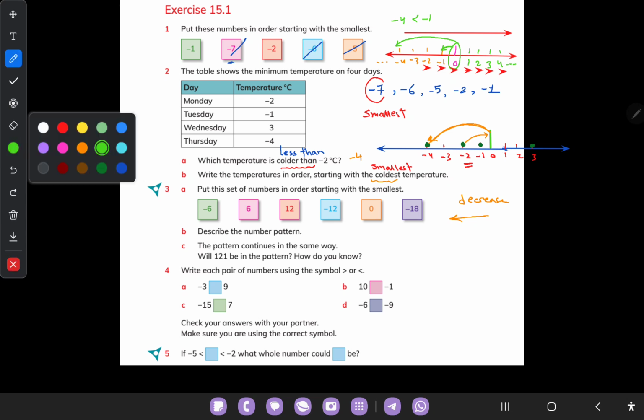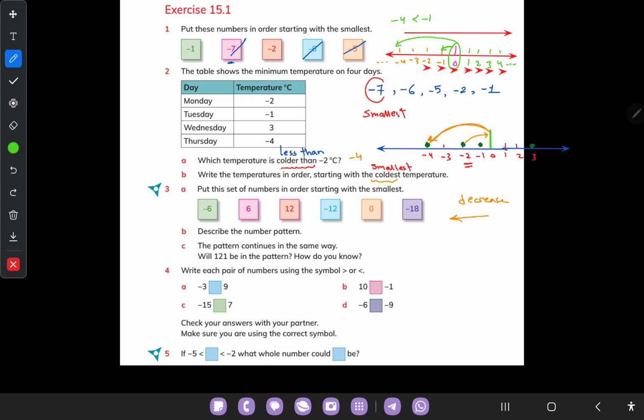So we will start from what? If I want to write the smallest temperature, we can choose from these temperatures that are already here on this number line.